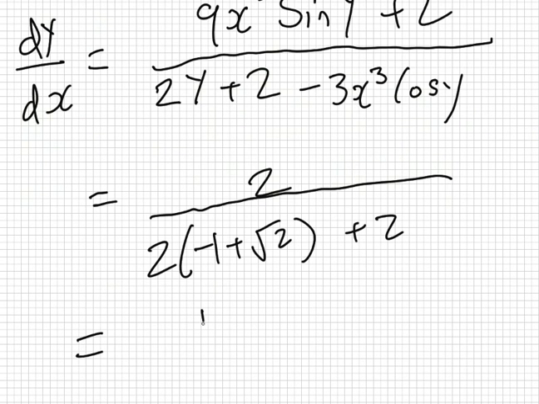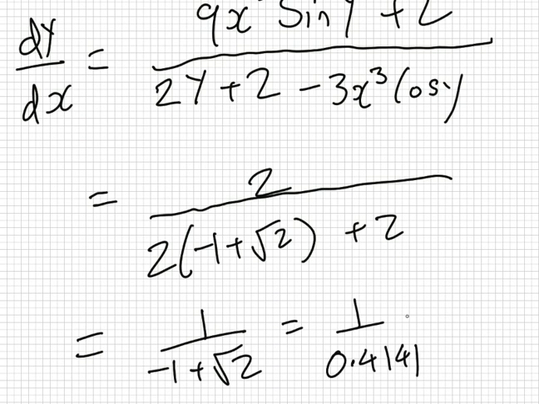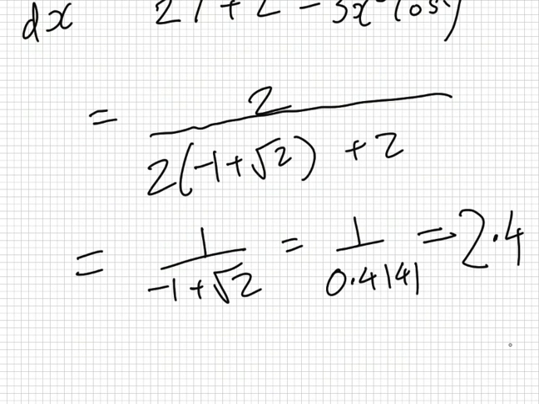Which works out as 1 over minus 1 plus root 2, which is 1 over 0.414. That's about 2.4, let's say.